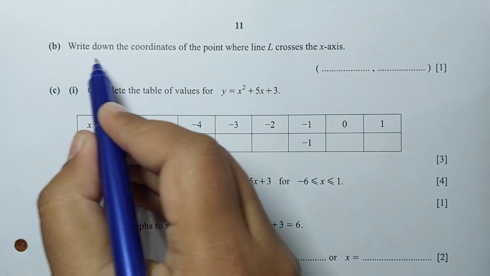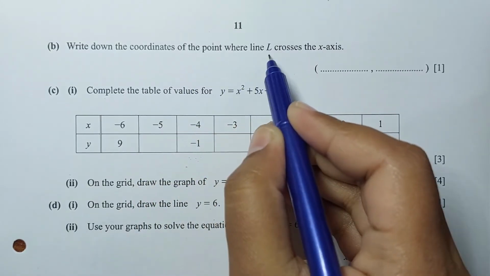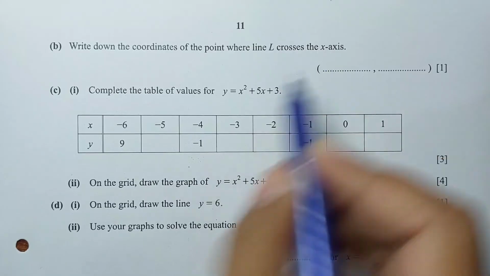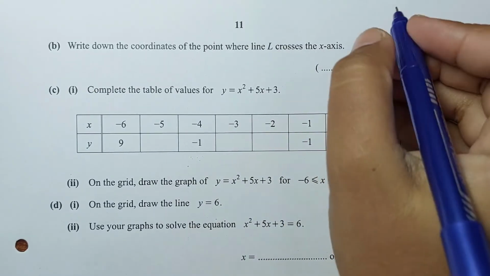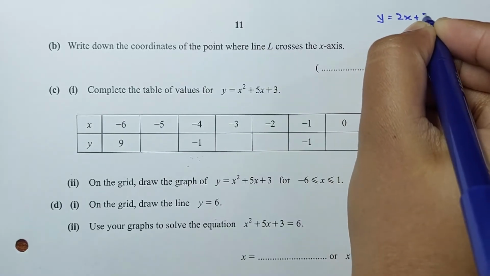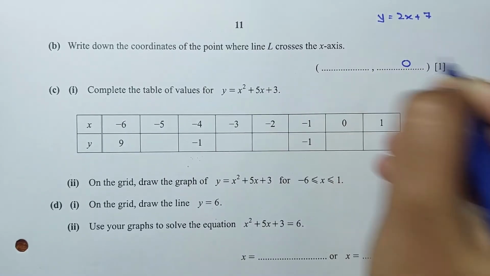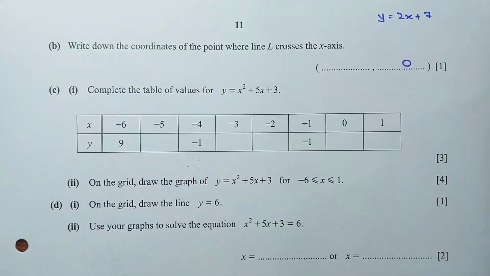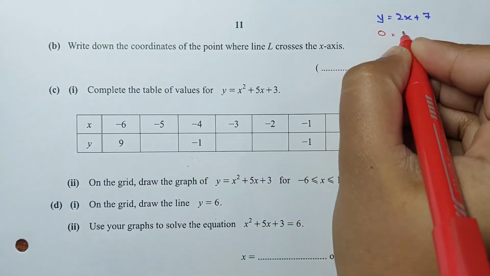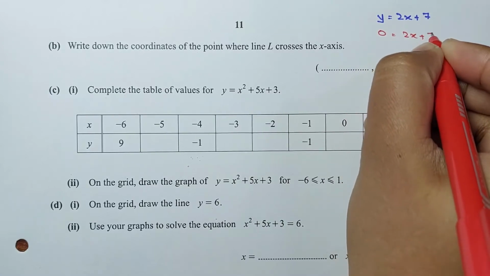Now for part B, write down the coordinates of the point where the line L crossed the x-axis. All right. The line L is y equals to 2x plus 7. When it crossed the x-axis, the y coordinate is equals to 0 and we have to solve for the x coordinate, right? So this would be 0 equals to 2x plus 7, right?